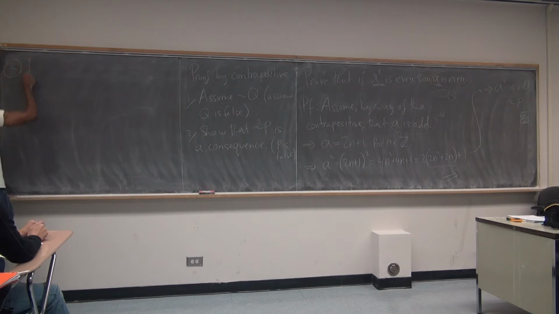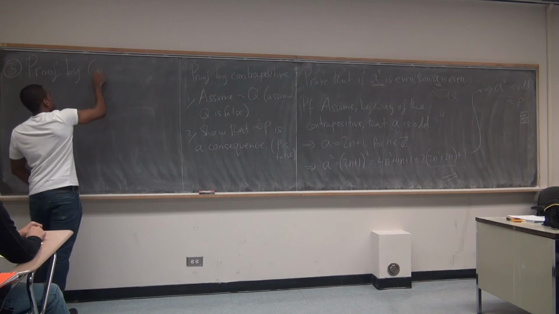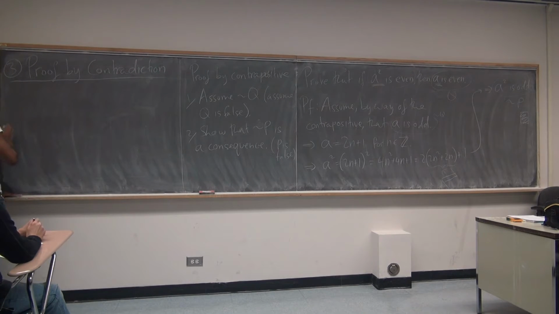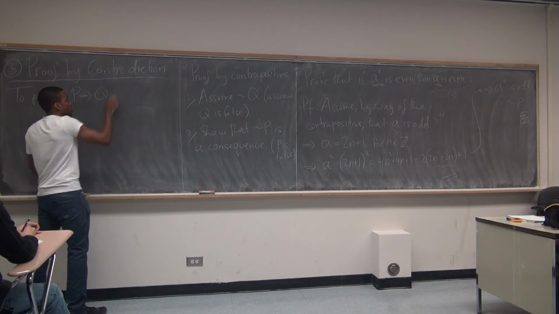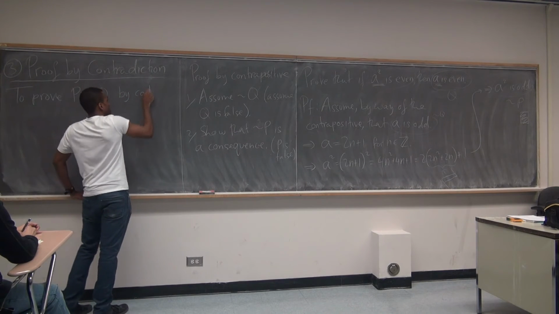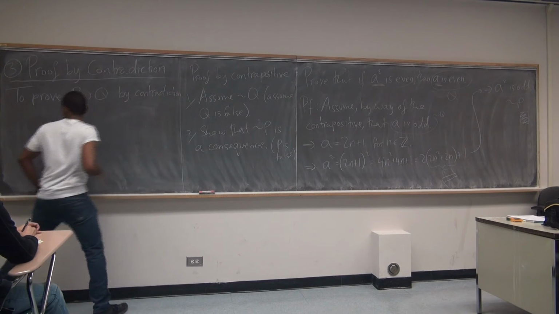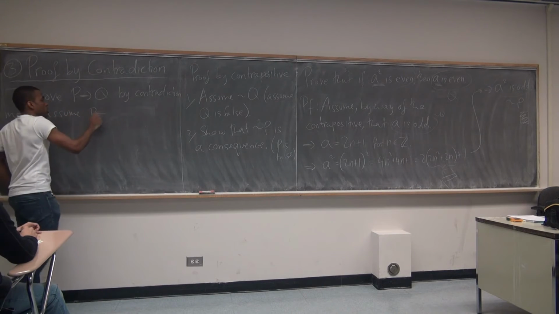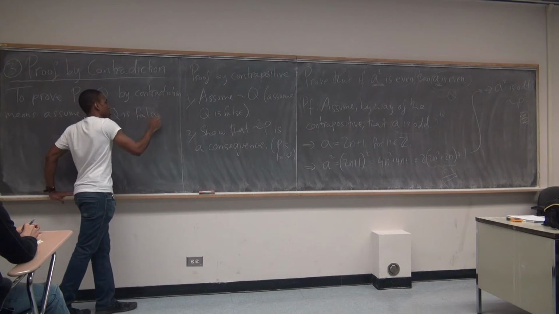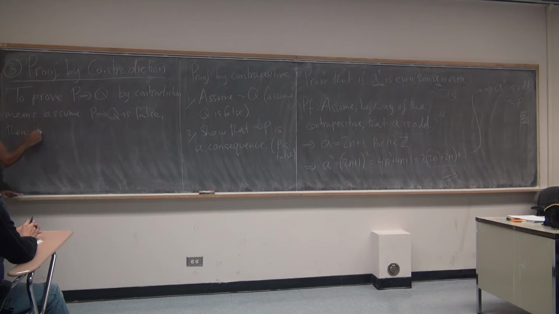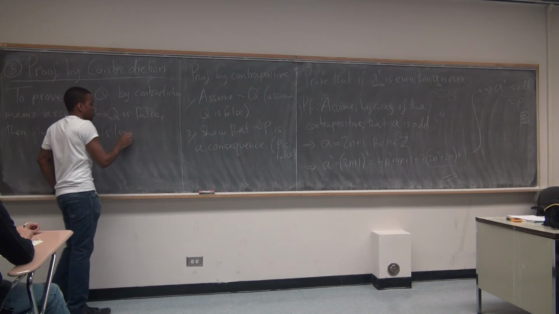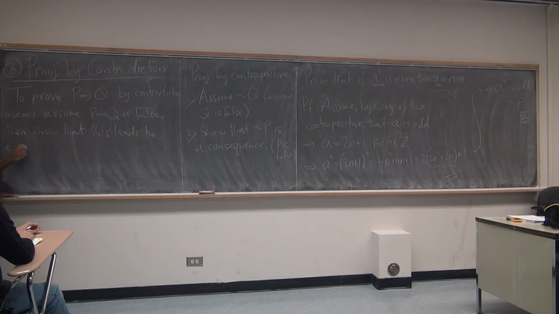There is what's called a proof by contradiction. To prove P implies Q by contradiction means: assume P implies Q is false, then show that this leads to a contradiction.